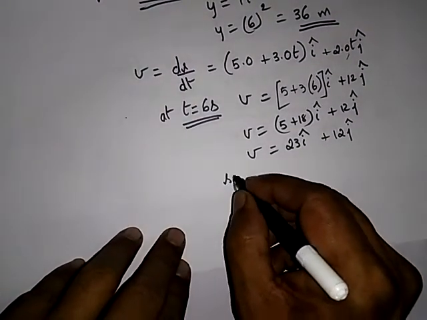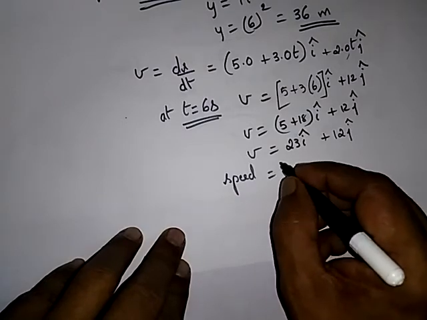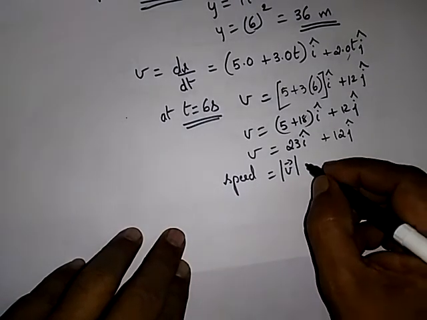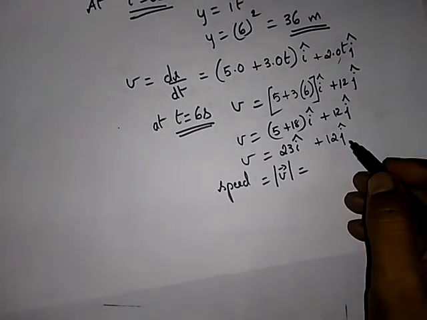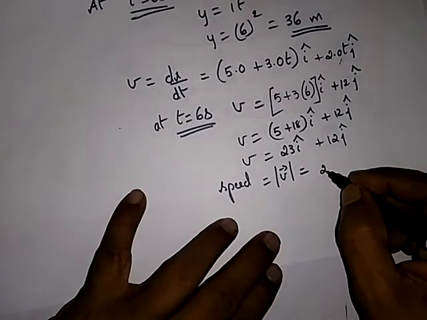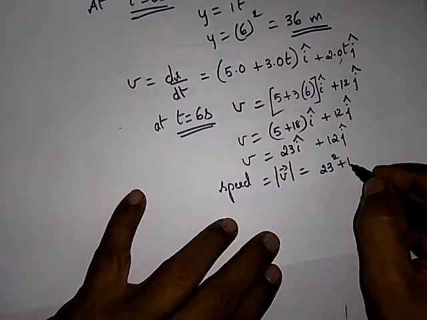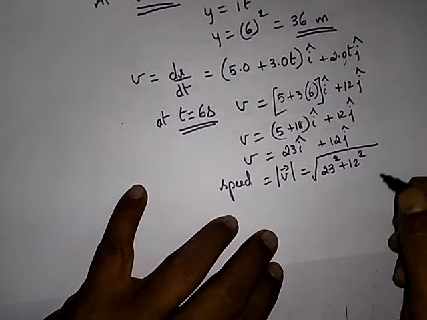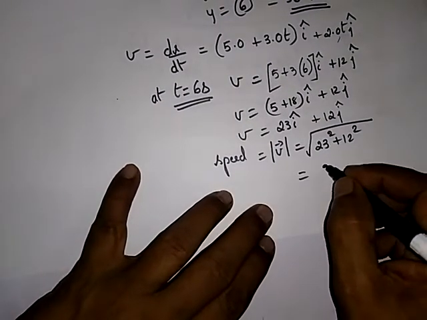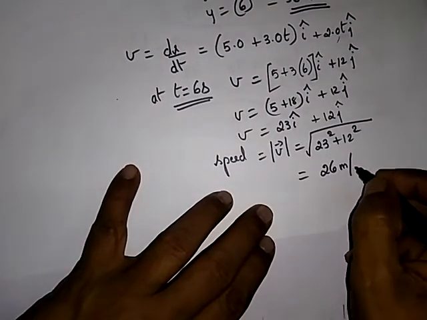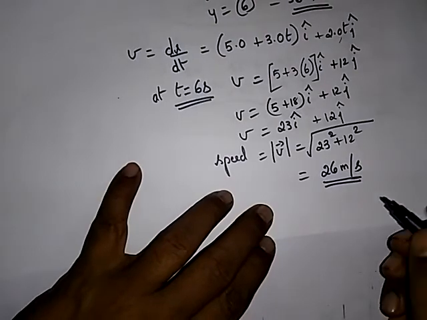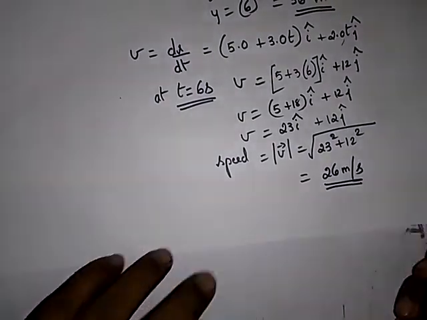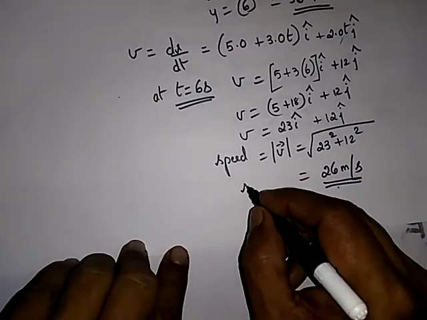So speed is nothing but the magnitude of velocity. So we have to find the magnitude of this, that is the square root of 23 square plus 12 square. So this will give you 26 meters per second. So that's the speed. That is, you find the velocity and take the magnitude, that will give you the speed. So this is the answer.